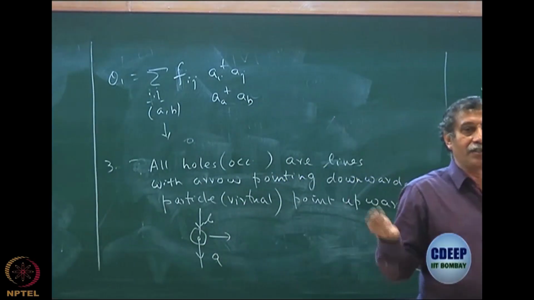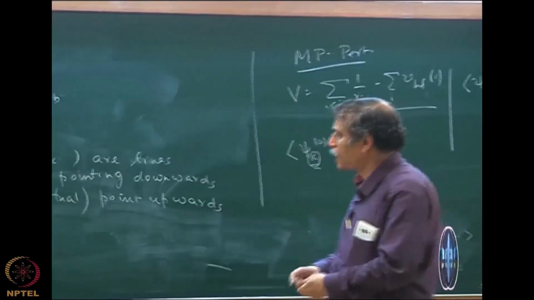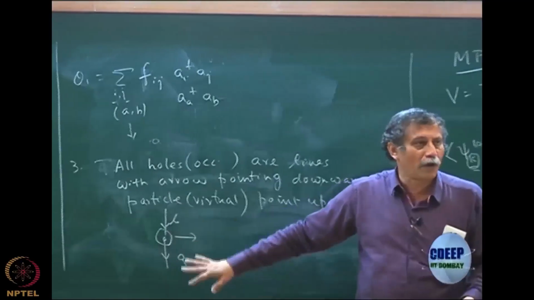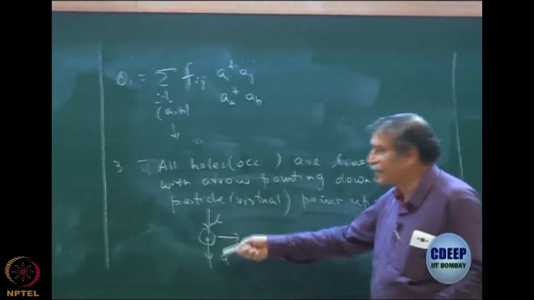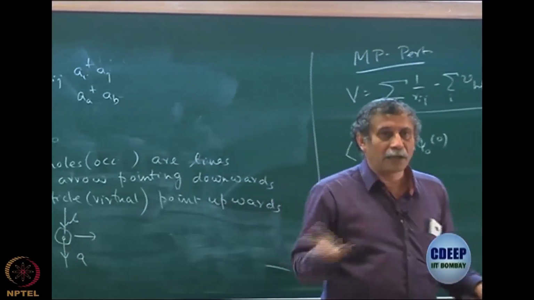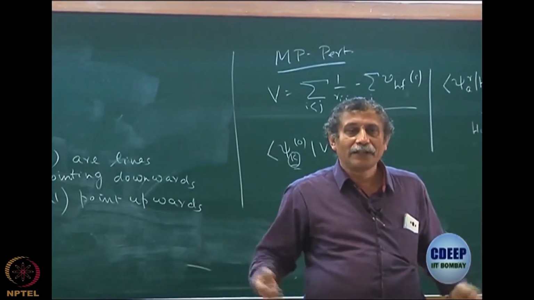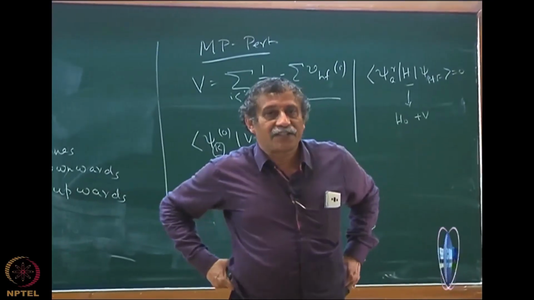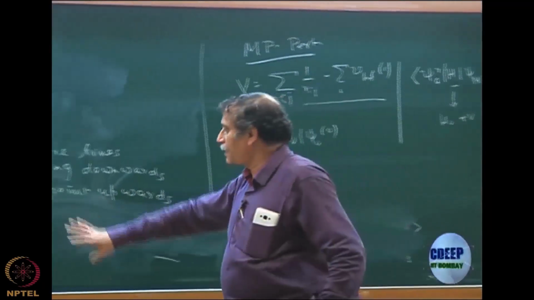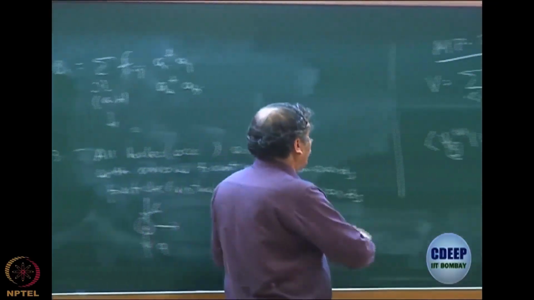So if it is H, it is Hab, if it is the Fock operator, Fab, and so on. Then of course there will be simplification for the canonical Fock operator, that we will see later. For the canonical operator, it is very clear that a must be equal to b, otherwise it is 0, because both a and b are eigenfunctions of the Fock operator. So Fab is delta ab times the orbital energies, correct? That's a different matter, but for a general operator vertex, this should be the operator.